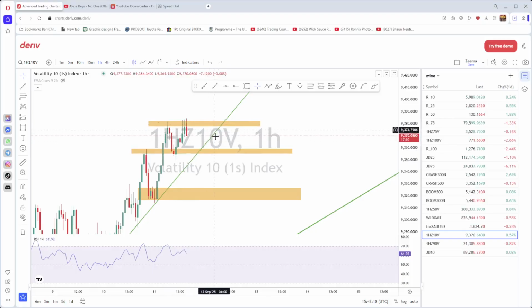Let's see if it consolidates or breaks the level and goes down. So the change of character is not valid until the break of this level, or unless we get a higher high, then this would become the level that would determine the change of character. All right, so that's it.